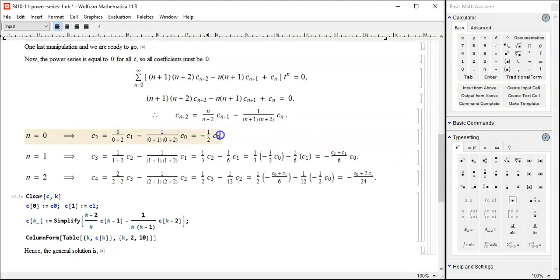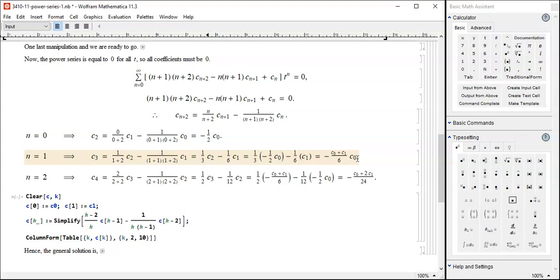Here we go. When n equals 0, C1 and C0 will give me C2. And here's a computation, just tedious numerical computation, you see. When n equals 2, C2 and C1 will give me C3. A little bit of numerical computation. In the end, we get something like this.